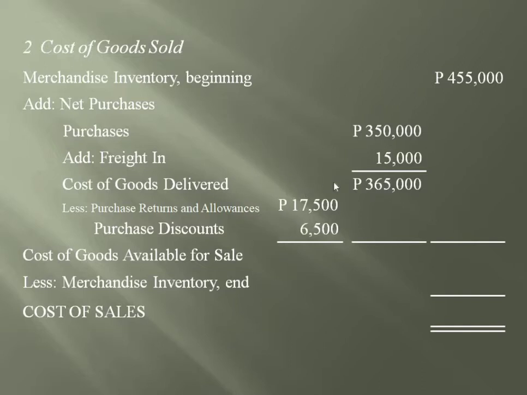The sum of these two figures to be deducted from the cost of goods delivered of 365,000 to get the net purchases of 341,000. 341,000 net purchases add to the merchandise inventory beginning of 455,000 equals cost of goods available for sale of 796,000.